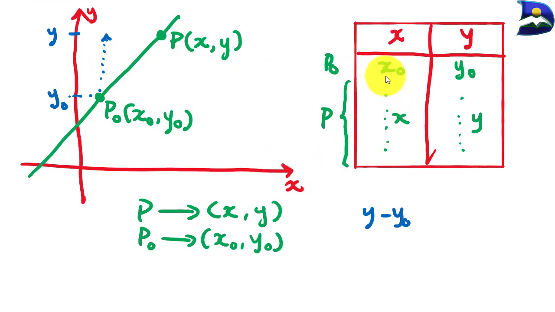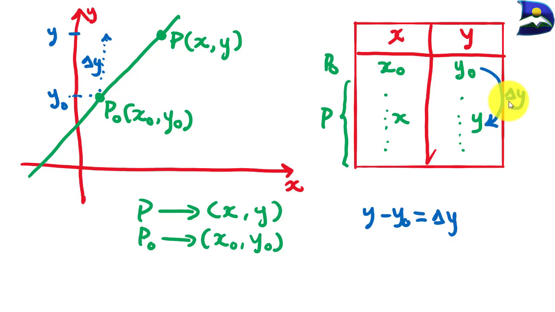Whichever point you start off with relative to the other, for both the x and the y, is what we are going with. So for y, we are going from y naught to y, and that is shown on the graph as changing y, and also found on the table of values right over here.